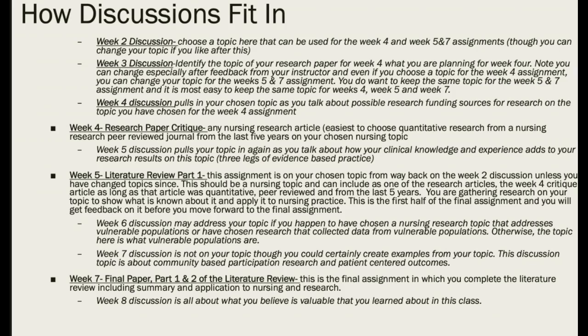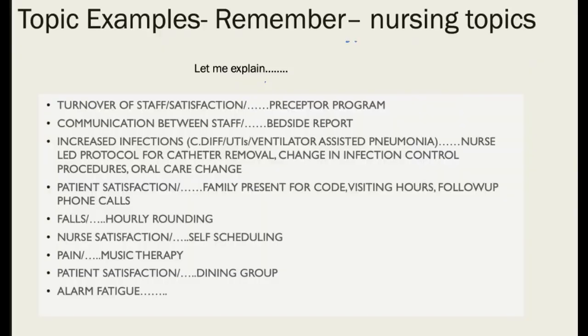Now that might have sparked some questions in your mind that you would want to ask me about. Students usually have some questions about what it means to choose a nursing topic. Now I gave you an example already about some medical topics that we want to avoid. Things like treatment choices, medication choices.